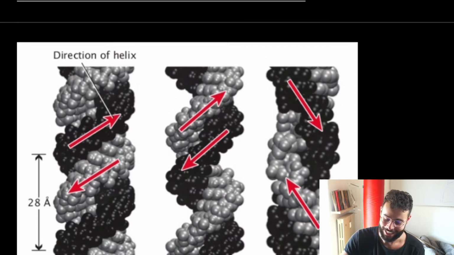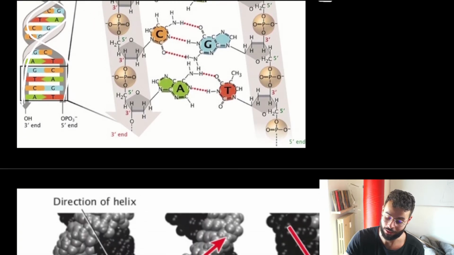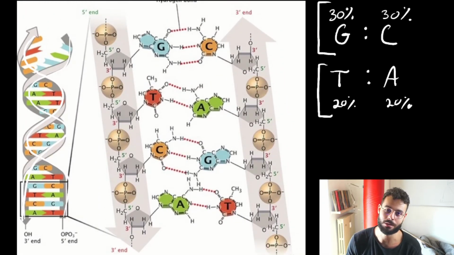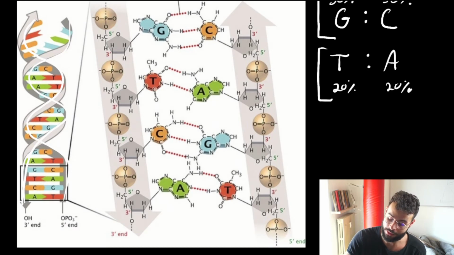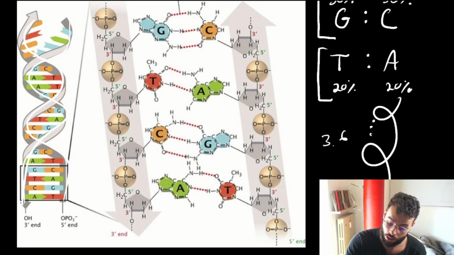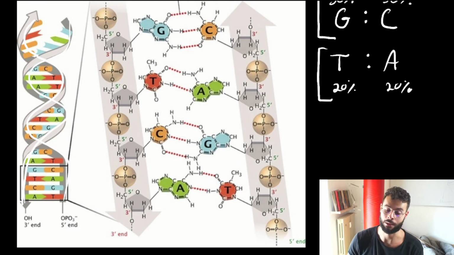Anyway, very similar to the alpha helix structure of the secondary structures of proteins, we can see that hydrogen bonds can give us the conformation of the molecule itself. Unlike the alpha helix, which is made from a single strand and has a hydrogen bond every 3.6 amino acids, in the DNA helix we have two parallel, or in our case anti-parallel, strands that come near each other and form hydrogen bonds between the nucleotides.